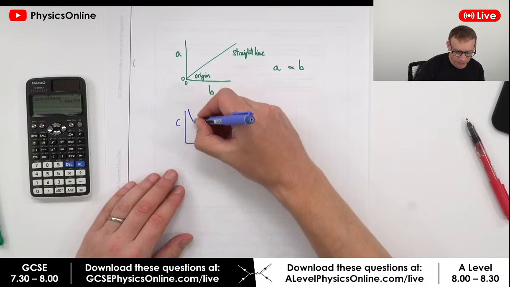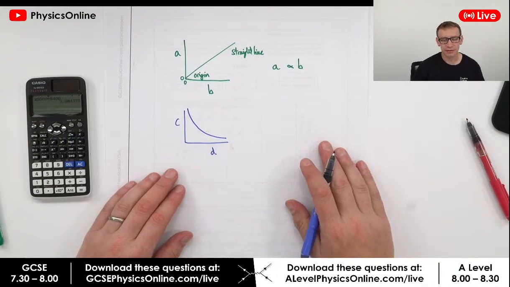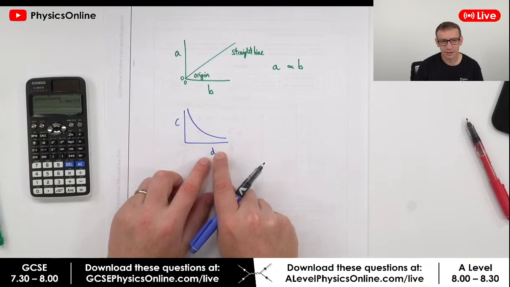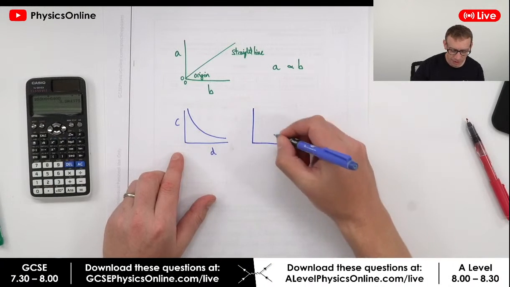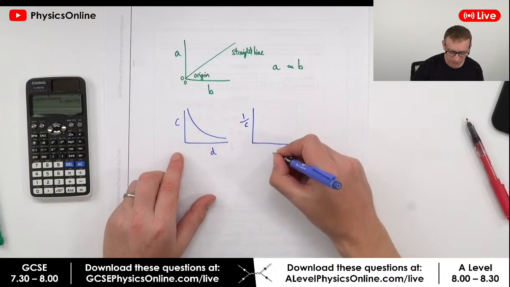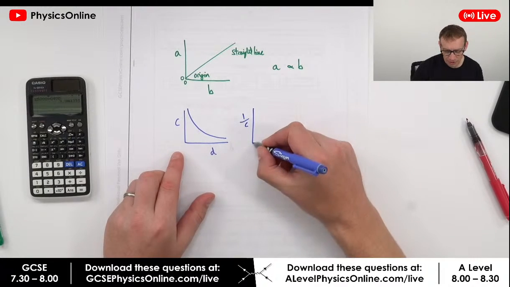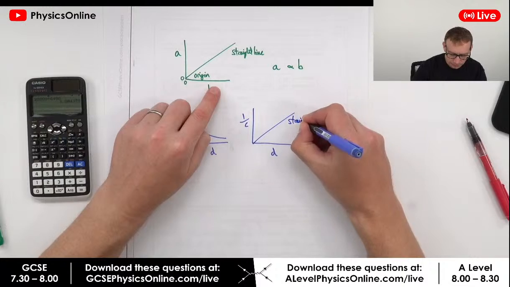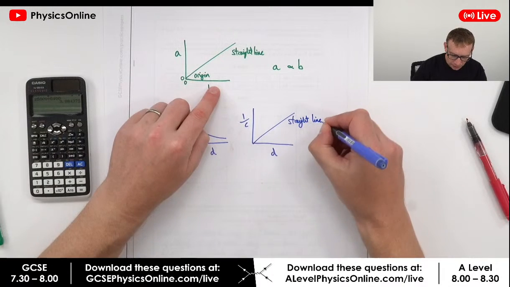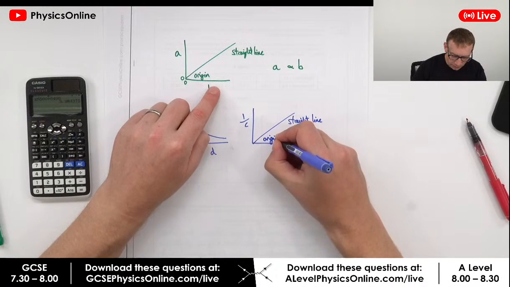The other type of data that we might have sometimes is maybe we had C and D, and what we see is a relationship a bit like this. Effectively, as D gets bigger, C gets smaller. And if you were to plot that data, maybe plotting 1 over C against D, we then get, again, a straight line that goes through the origin.